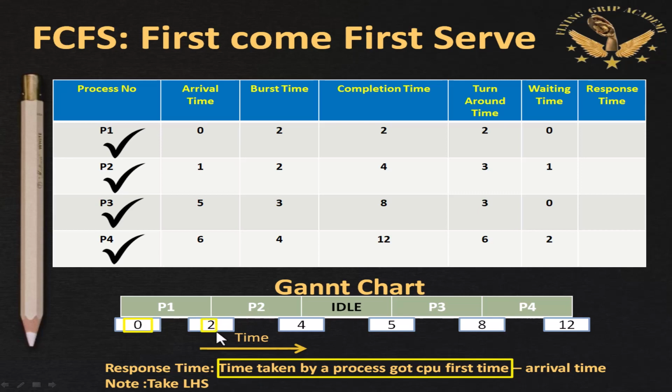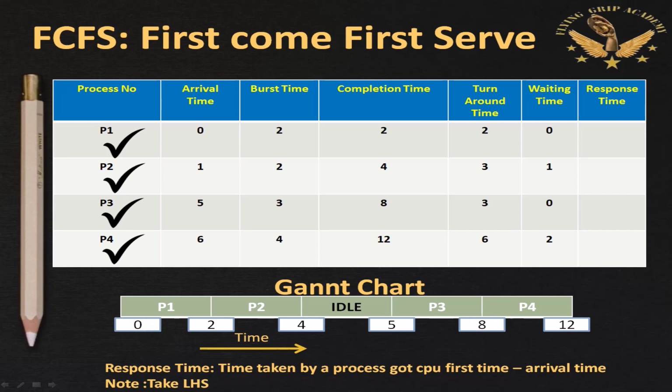P3 got CPU at time 5. P4 got CPU at time 5. So we take the left hand side in order to calculate the response time, whereas to calculate the completion time, we consider the right hand side. This is the important note you need to remember.